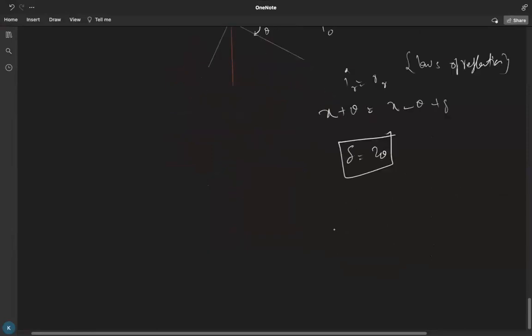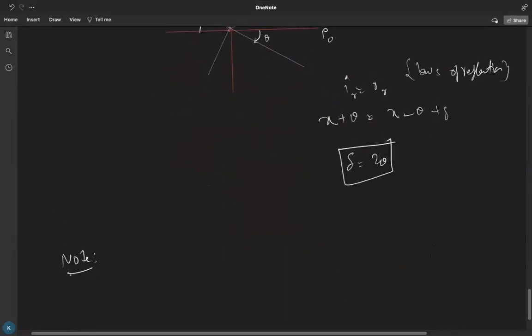That means you have to note here that the angular velocity of the rotated reflected ray is equal to 2 times omega of the mirror, right?